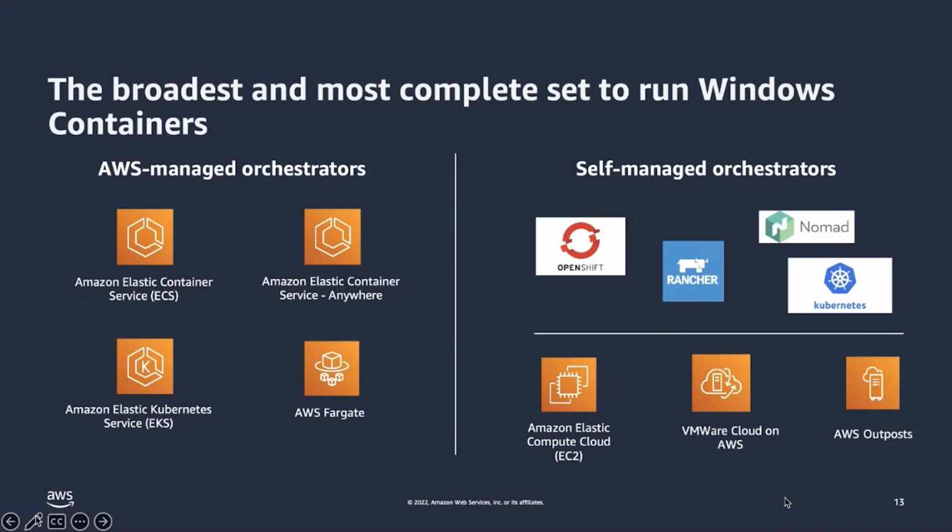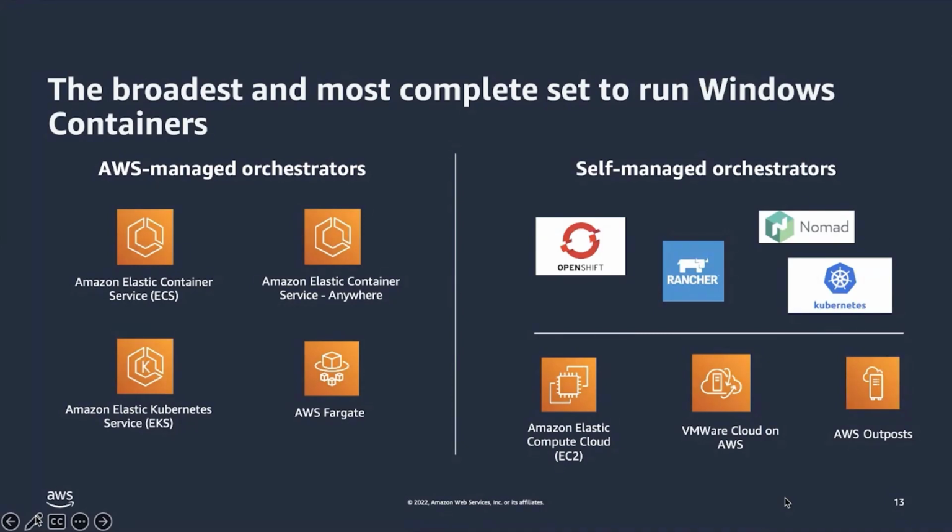You, as a customer, can decide between running your Windows containers on an AWS managed orchestrator or a self-managed orchestrator. From the left side, the AWS managed orchestrator, you can use Amazon Elastic Container Service, or ECS, which is a container orchestrator built by AWS with deep integration with other AWS services, such as Managed AD, or Amazon FSx for Windows File Server, or AWS IAM, and so on.